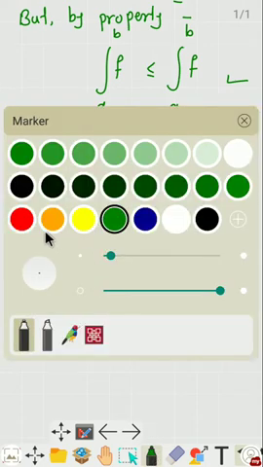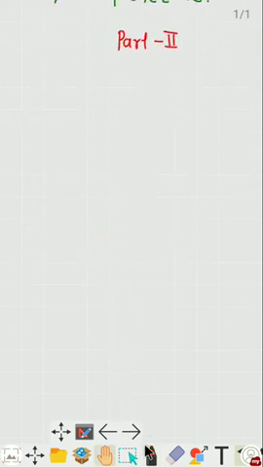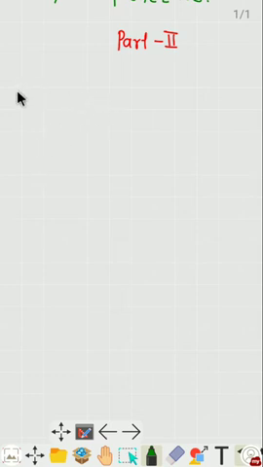Now we prove the second part, part 2. In part 2 we write the given thing: given that f is Riemann integrable on the closed interval [a, b].